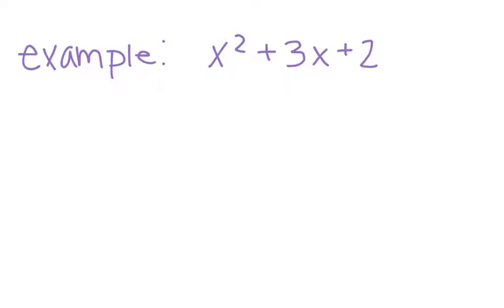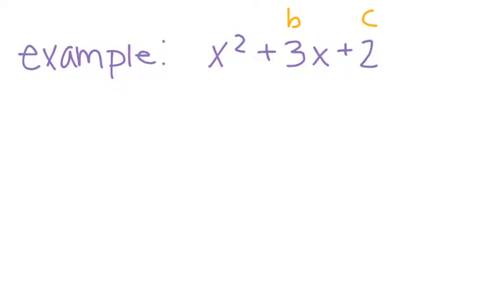So here we have x squared plus 3x plus 2. So again, we said in the previous slide that we're going to find two numbers that multiply to be your C, which in this case is 2, and add to be B. So I need to find two numbers that multiply to give me 2 and add to give me 3.